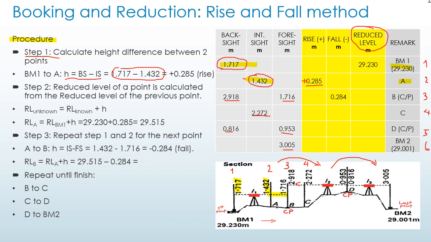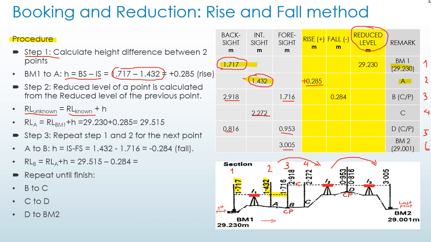Step number 2. Once you have the rise or fall from point 1 to point 2 in this case, the reduced level is calculated. The formula is reduced level of the point unknown equal reduced level of the point known or the previous point plus the rise or minus the fall.